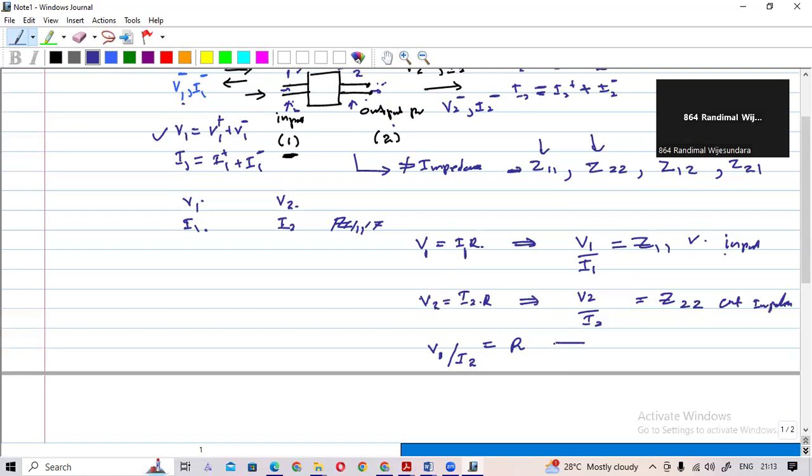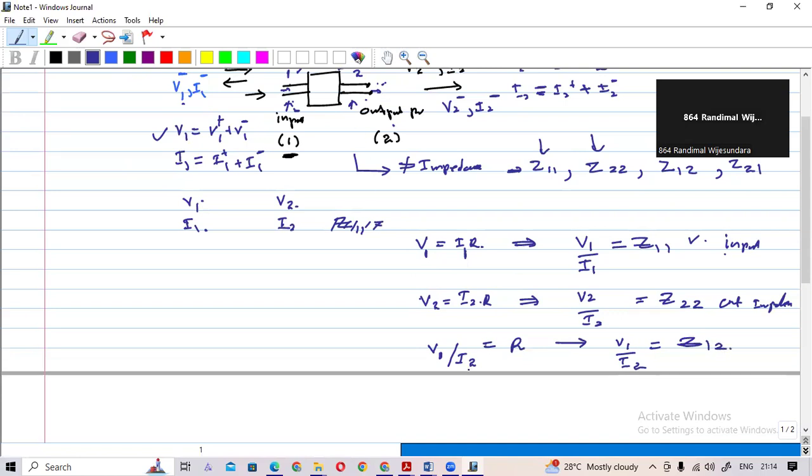So we can calculate V1 divided by I2. That is the impedance from port 1 to port 2. Yes, that is Z12.